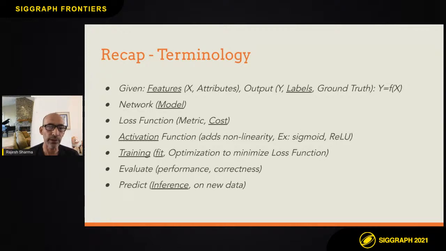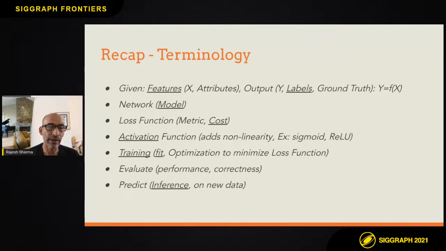In case of least squares method, the cost function or the loss function was essentially the sum of squares of the errors. And we introduced an activation function that introduces non-linearity into the mix, and that took the form of a sigmoid function or a rectified linear unit. And then we will train the data, also known as fitting, and optimize for minimizing that loss function.